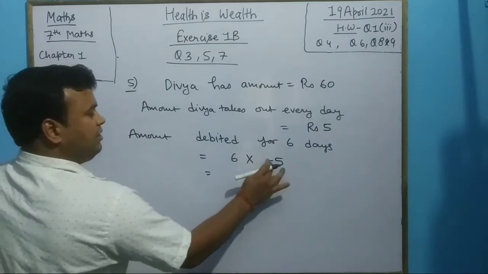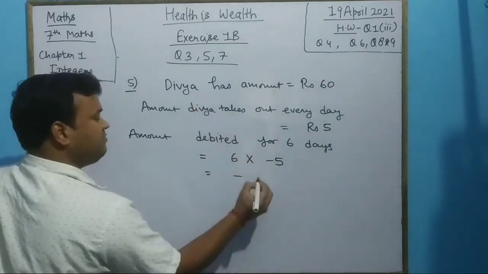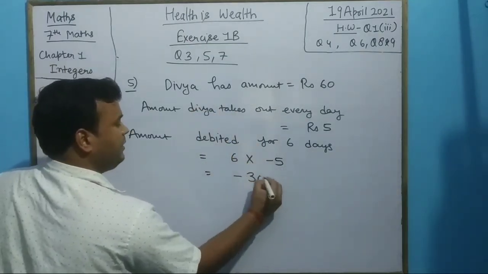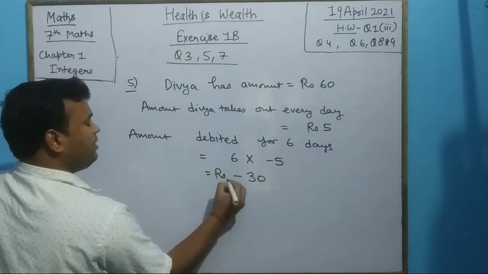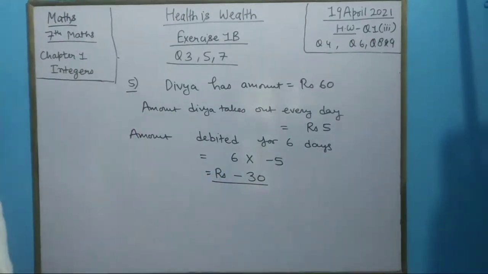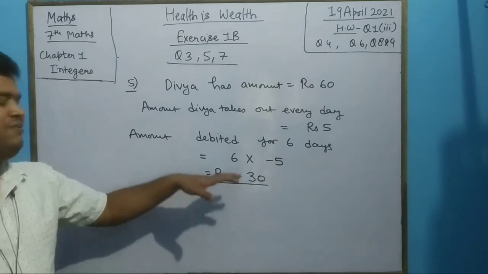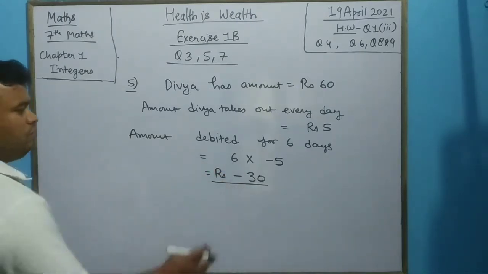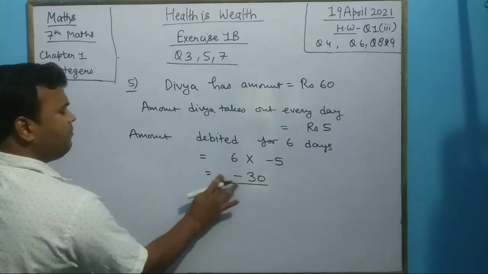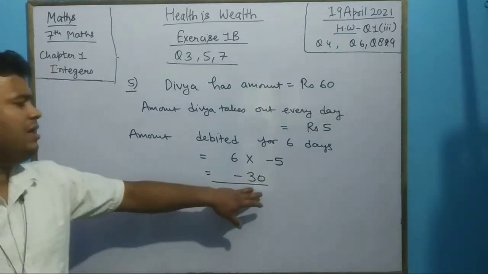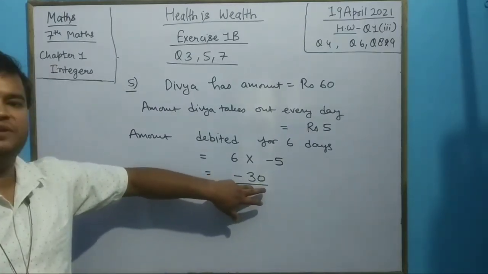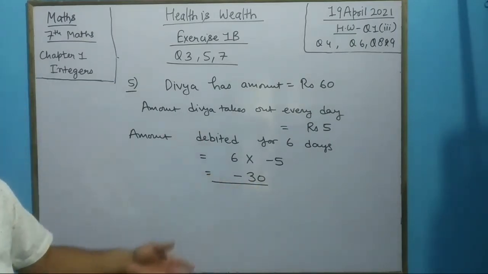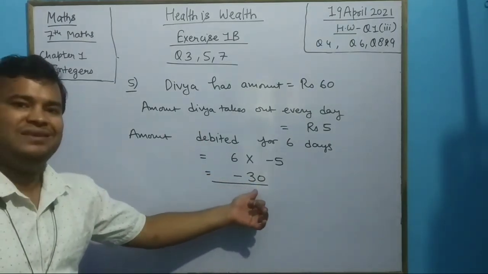So this is minus, only one minus, so it is minus. 6 into 5, 30. So we will write it as rupees minus 30, or when we talk about integers, it will be denoted as minus 30. Rupees is not negative, but this is for the symbolic representation. So the amount debited for 6 days will be represented by minus 30.